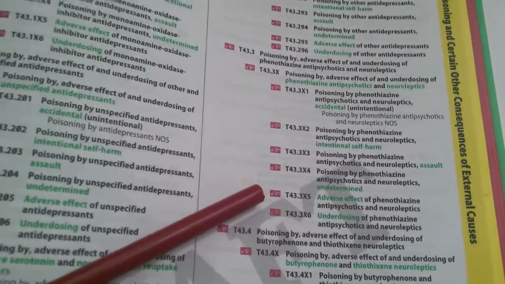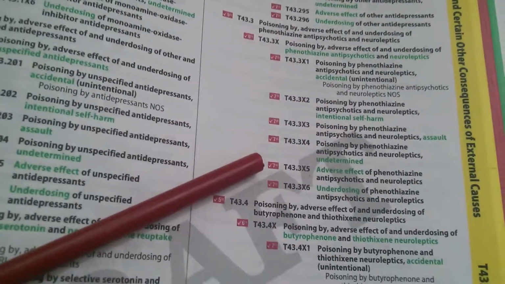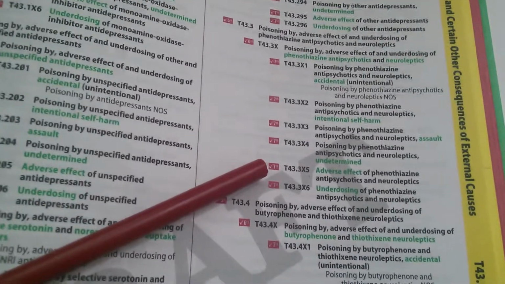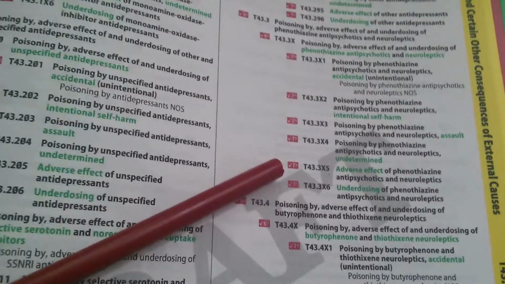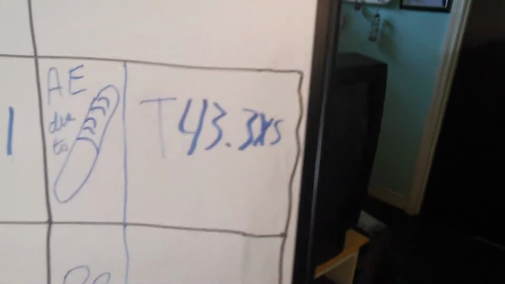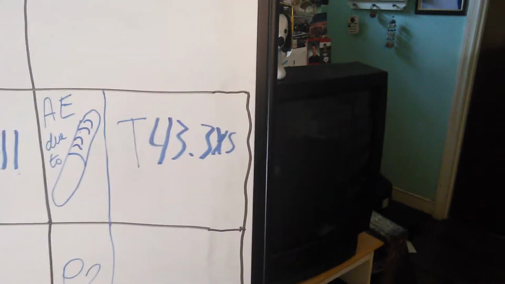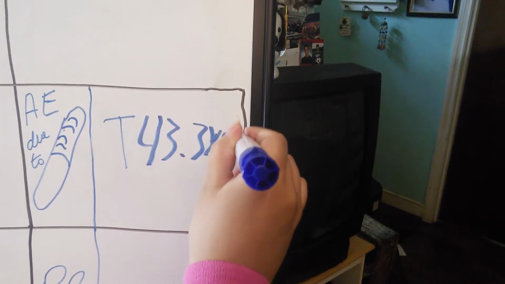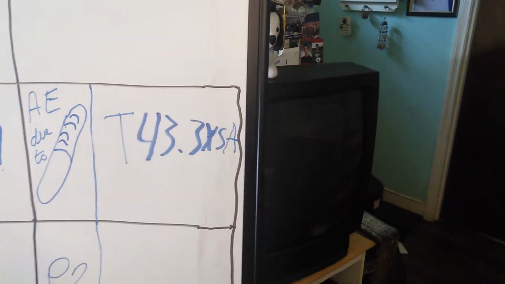So that's our code, right? We check that it is the right code, but then remember that we have to add an A for initial encounter, which they told us at the beginning, right? So let's go here and add the A, which will be the seventh character.